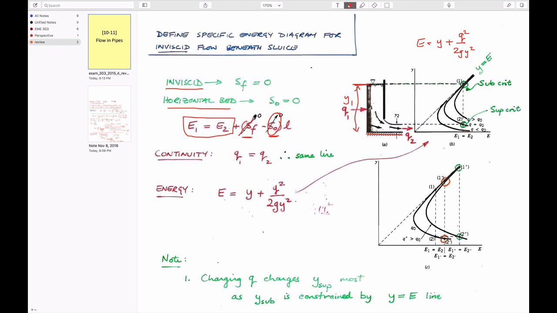If it's inviscid, then the energy loss of the system is also zero. And so merely the energies upstream and downstream have to be the same.